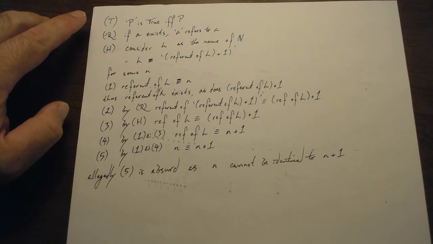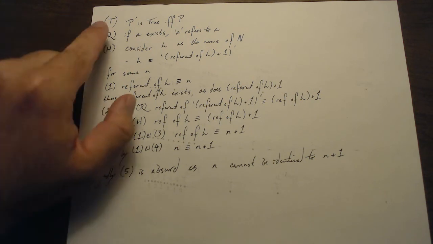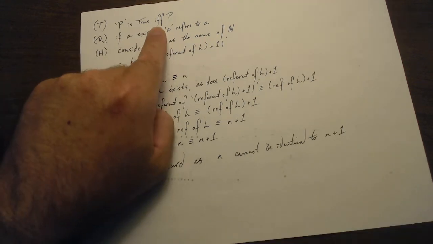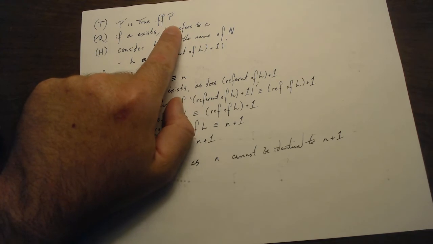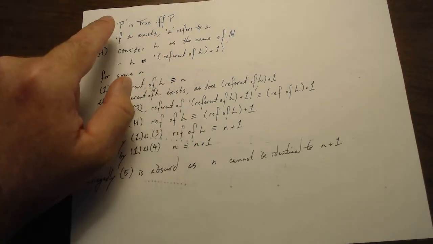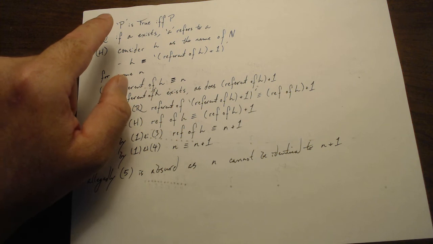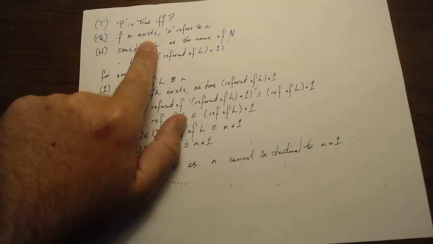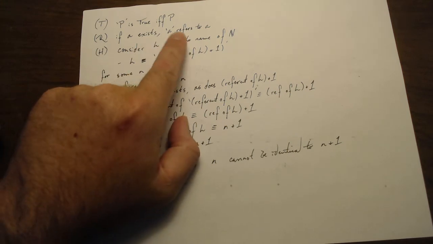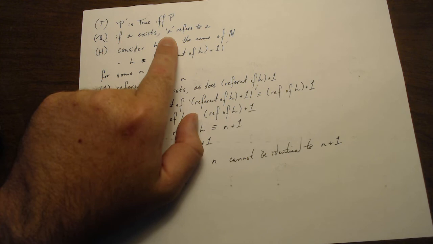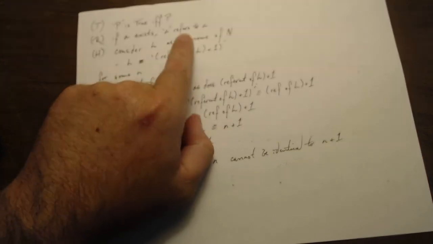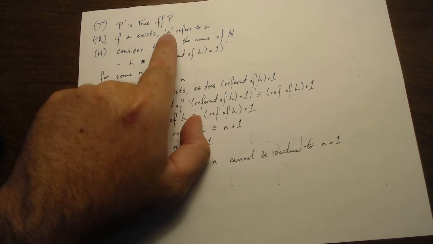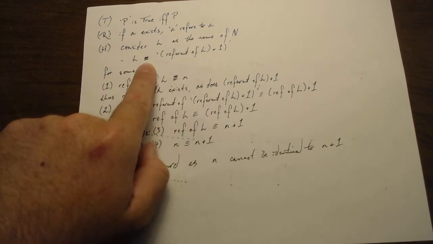Just as the semantic property of truth seems to be governed by the naive schema T, the sentence 'P' is true if and only if P, where single quotes refer to a linguistic expression inside the quotes, the semantic property of reference seems to be governed by the naive schema R: if A exists, then the referent of A is identical with A. I abbreviated that here, but that's what that means. Right, so the referent of A is identical with A, which later I started writing with the triple bar.